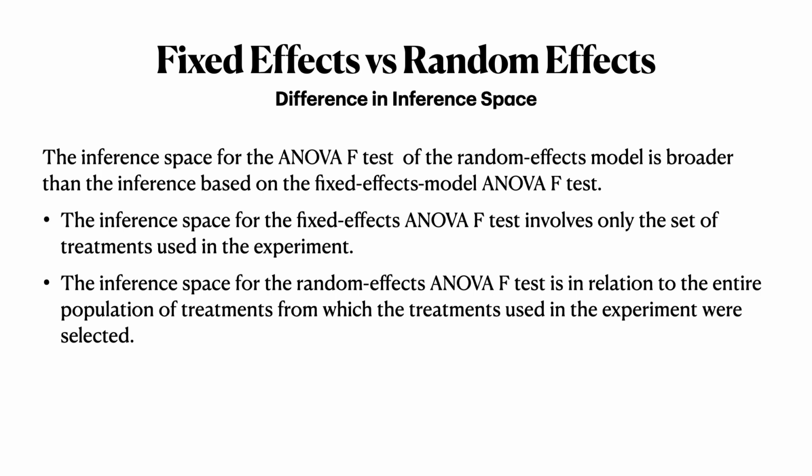Specifically, the inference space for the fixed effects ANOVA F test involves only the set of treatments used in the experiment. On the other hand, the inference space for the random effects ANOVA F test is in relation to the entire population of treatments from which the treatments used in the experiment were selected.